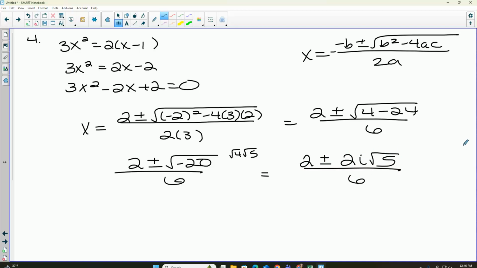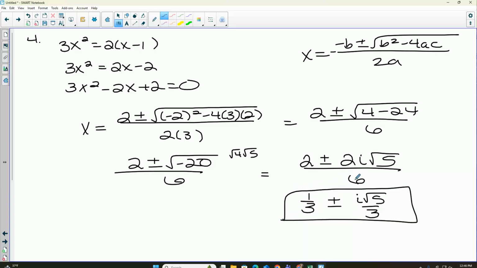Anything with i's, you have to write in standard form, a plus bi, so if we separate it, 2 over 6, so 1/3, plus or minus 2i radical 5 over 6, or i radical 5 over 3. Is that one okay?